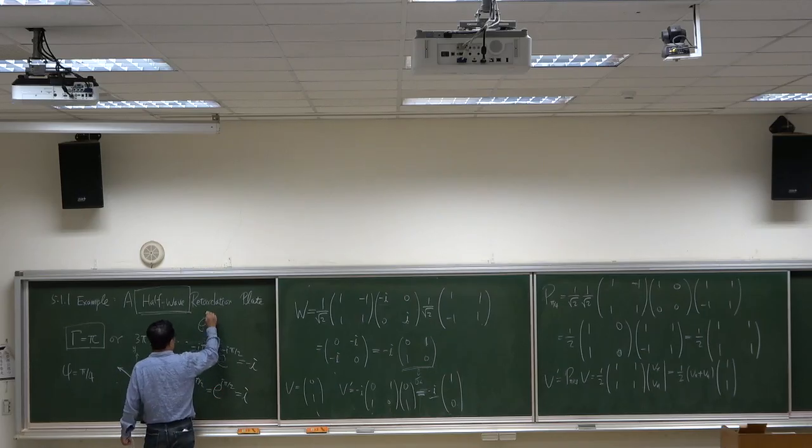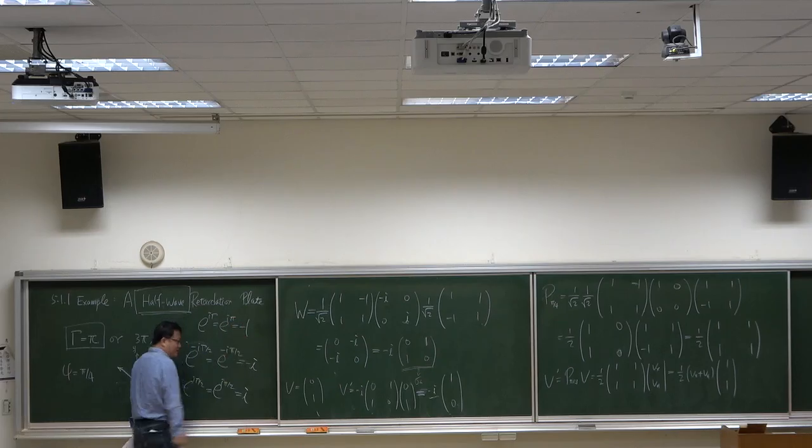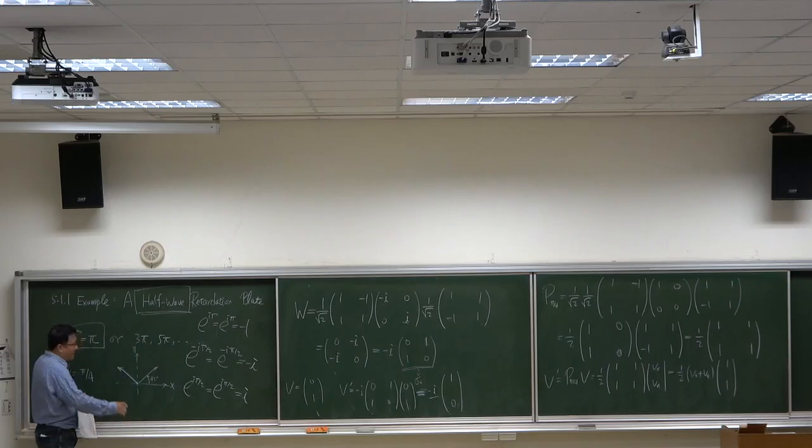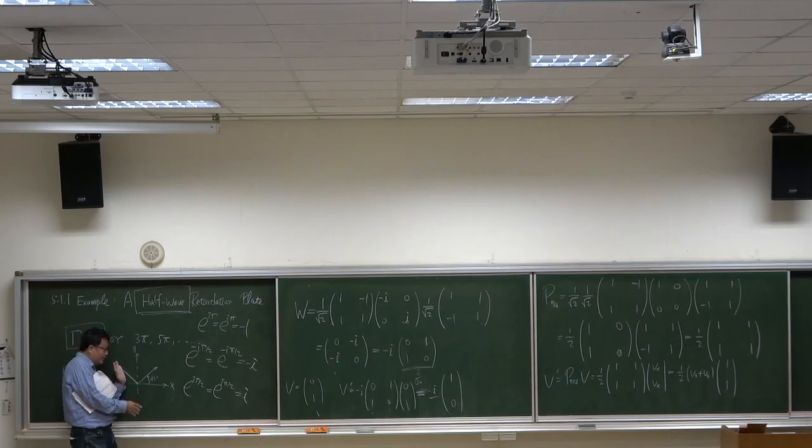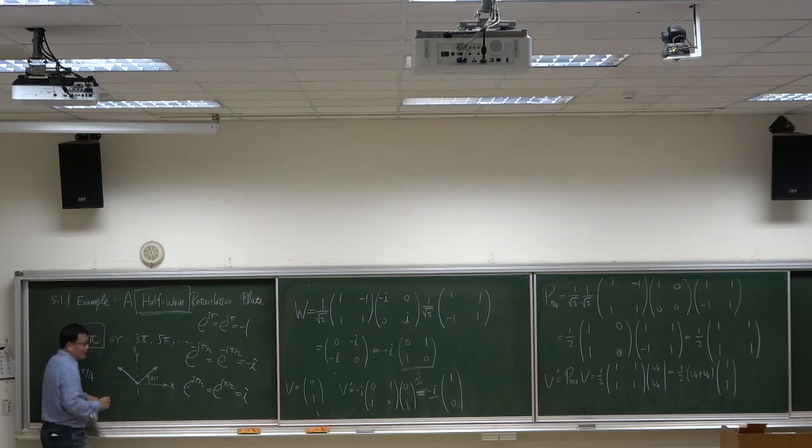The exponential i gamma is exponential i pi, which gives us a minus sign. Minus sign means what? If we keep one component unaltered, then we change the other component to its negative. Okay, so this means that suppose I keep this component unaltered, and I change this component to its negative.